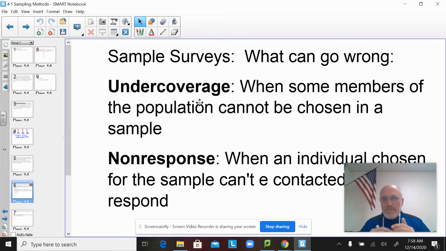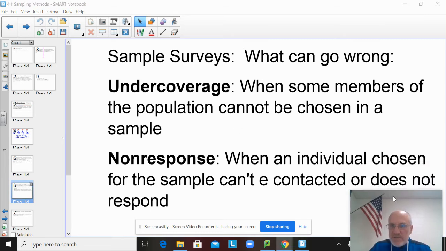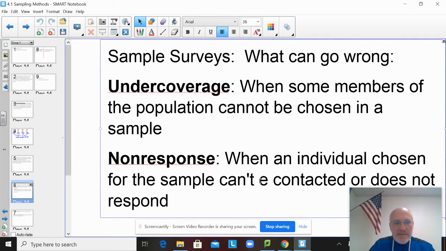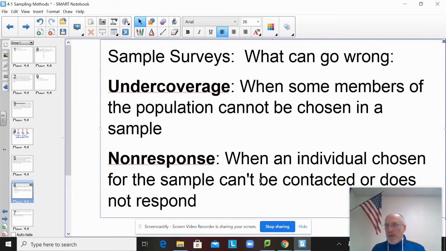If I take the whole voter registration and I take a perfect SRS from that, I'm doing the best I can, but if there are people not on that list, there's no chance of them being chosen. That's one potential thing that can go wrong, is undercoverage. Next one says non-response. This says when an individual chosen for the sample can't be contacted or does not respond.